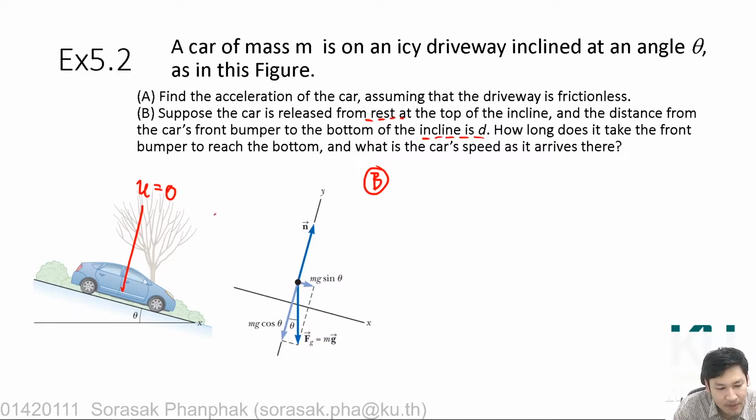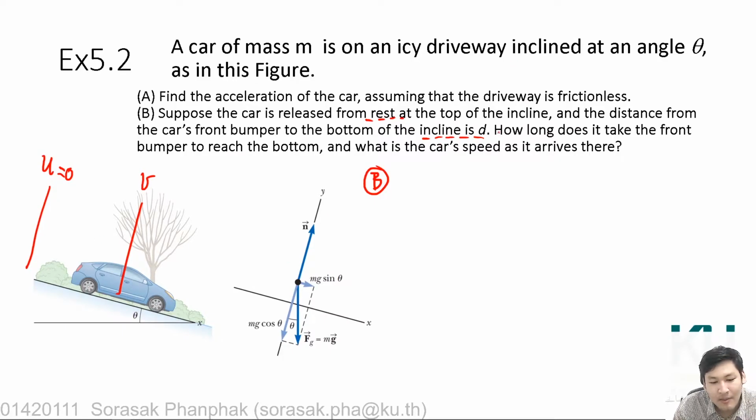So it's moving to another point. This may be the initial point, you have u is equal to 0, and this is the point where you would like to find the terminal velocity.